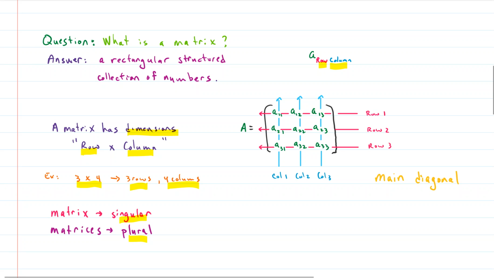There are 3 rows in this matrix, and there are 3 columns in this matrix. So this is a square matrix. If the row and the column number is identical, meaning a 3 by 3, then they call that a square matrix. There also is something called the main diagonal.